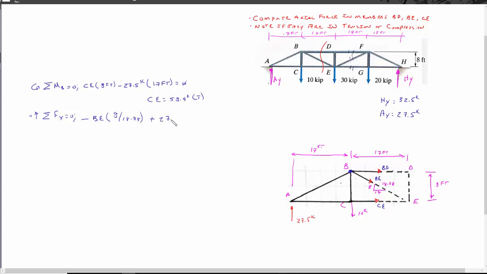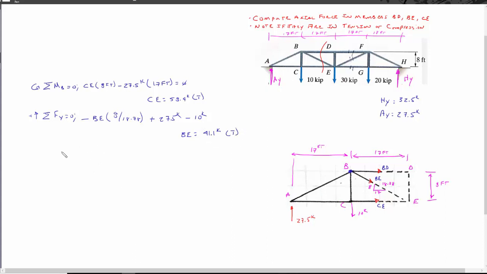Plus 27.5 kips, which was my reaction force, minus 10 kips, which is the external force acting on the side of the truss that I'm solving for. I don't need to worry about this 30 kip that's here because I cut my section of the truss here. So BE comes out to be 41.1 kips, and that came out to be in tension as well.